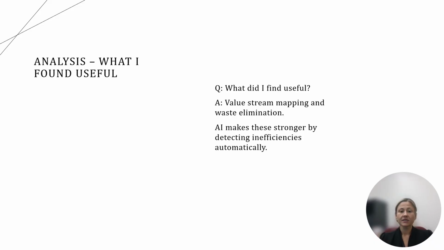It makes both value stream mapping and waste elimination stronger by detecting the inefficiencies automatically, and then using what you know real time and in person to help add even more value to solving the problems.